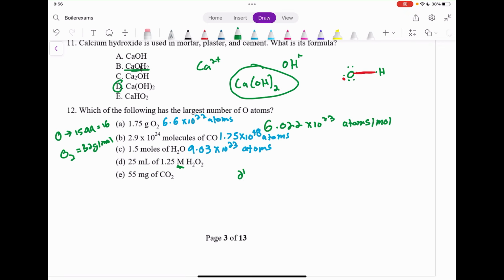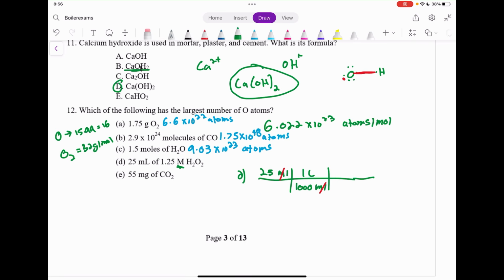Okay, D, 25 milliliters. This is the molarity one, and we know molarity is moles per liter. So in 1,000 milliliters we have 1 liter, and so now we have liters.